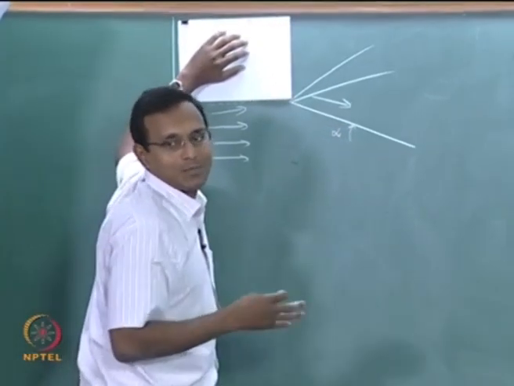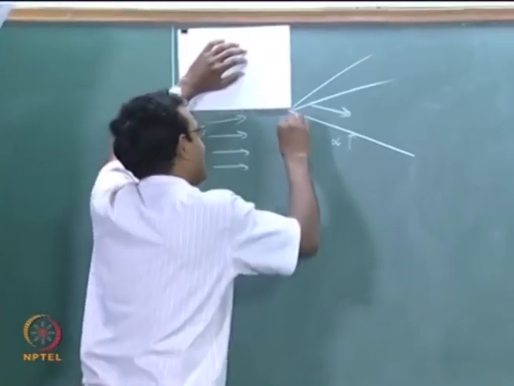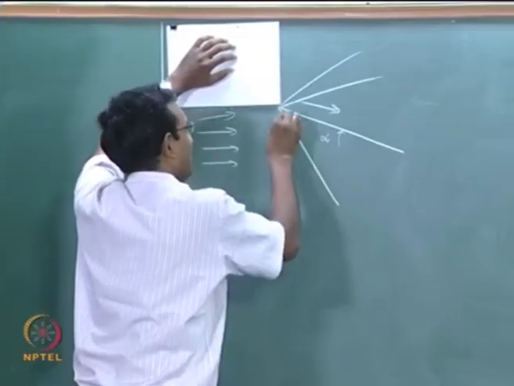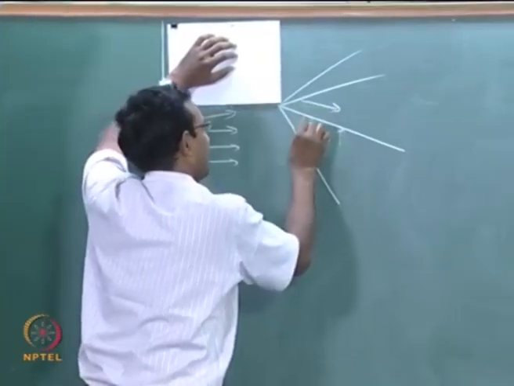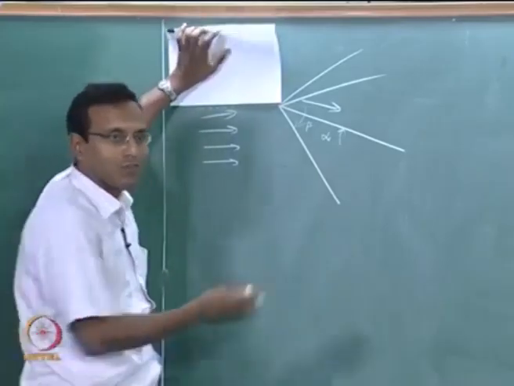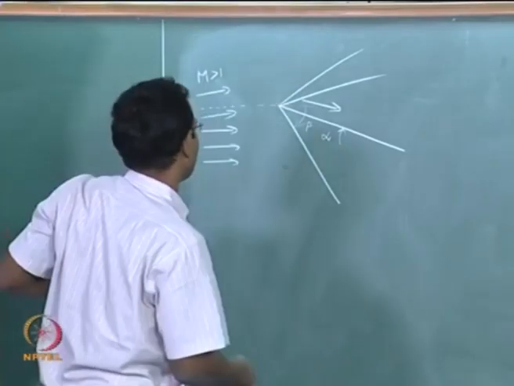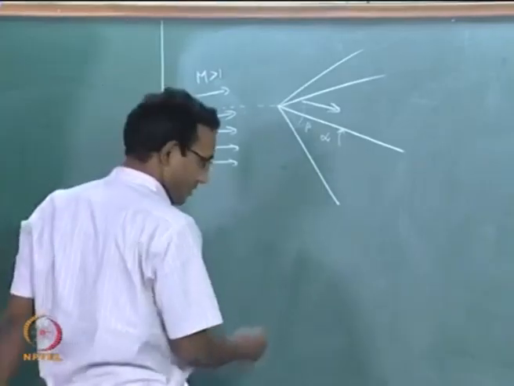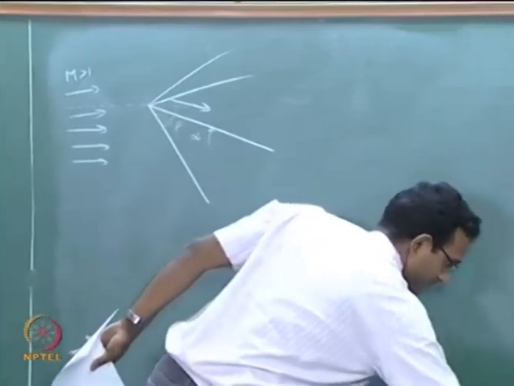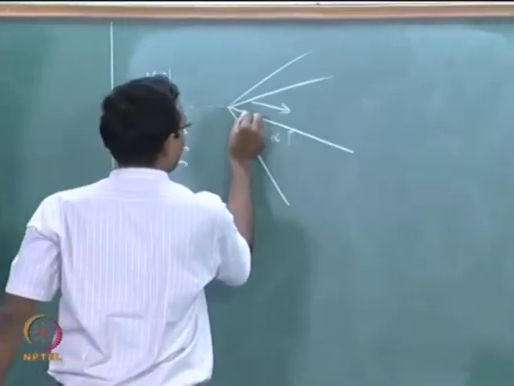The detached shock case is a complicated case for this problem. We won't deal with it right now. Let us say it is an attached shock and I can find the beta value from there. This is my beta value. We can just find the Mach number and gamma, and I can get a beta value for it. So I have drawn this. Let us just change the color a little bit for the plate.